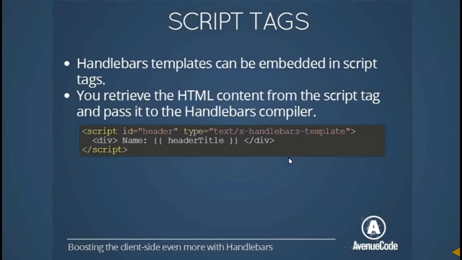So I have my Handlebars template here. I'm just wrapping it with the script tag, and you have to provide the ID of the template and the type. This type, text/x-handlebars-template, is just a convention, but you have to use this.